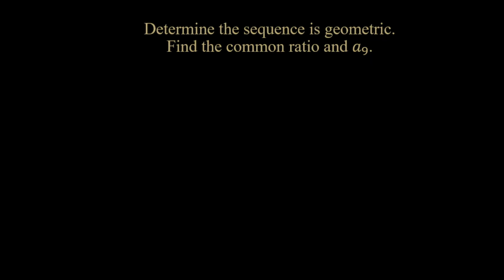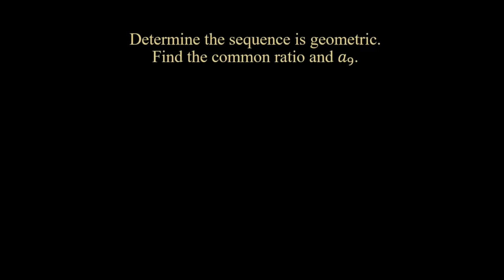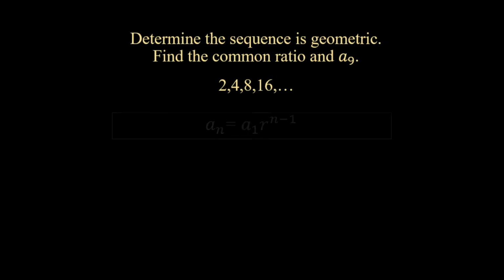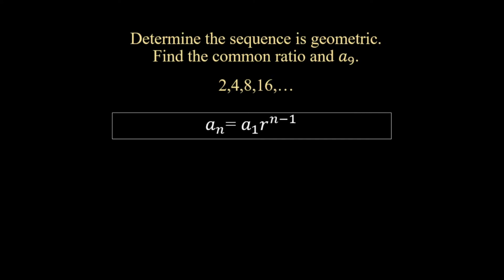Now, what about a geometric sequence? So find the common ratio and a sub 9 for this sequence, 2, 4, 8, 16. So we use the formula for the geometric sequence, which is a sub n equals first term times r to the n minus 1. The first term is 2, as you can see.